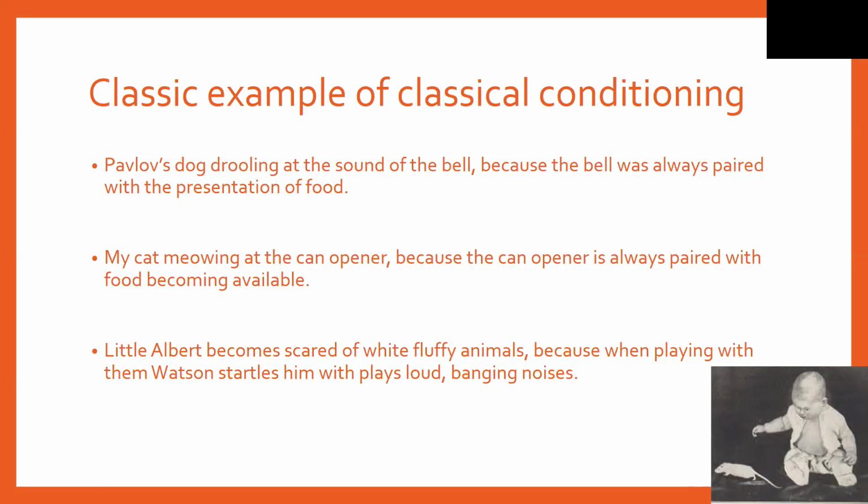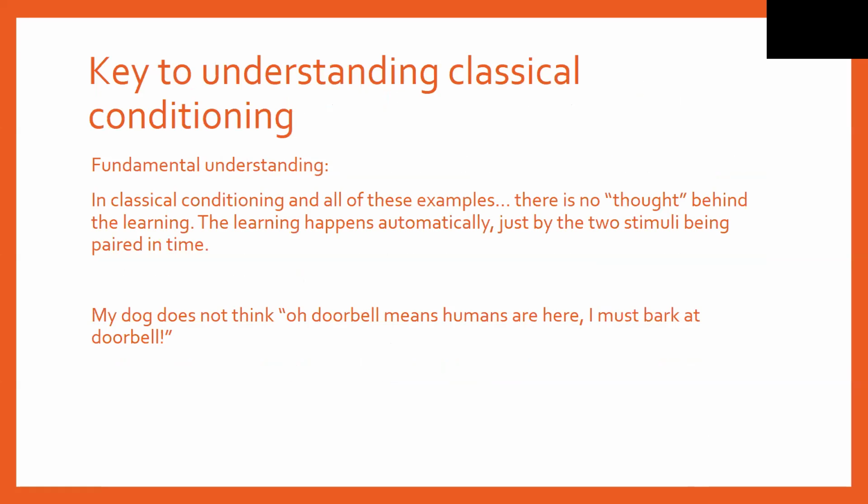And so as the baby was playing with one of these white fuzzy animals, they would play this really loud, terrible noise and make the baby cry. And after a while, just seeing the fuzzy animals would make the baby cry even without the loud noise being elicited with it. And so these are just some of the common examples.